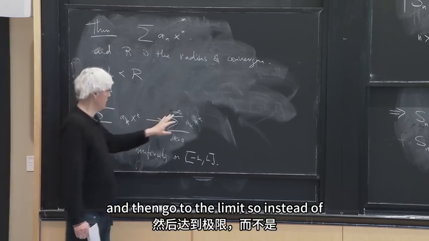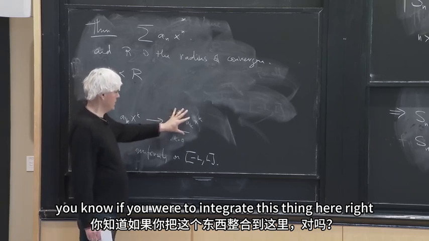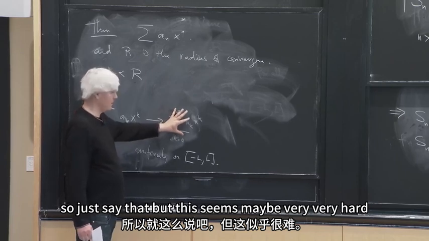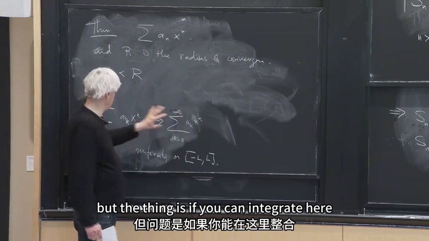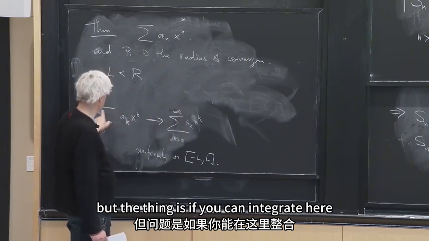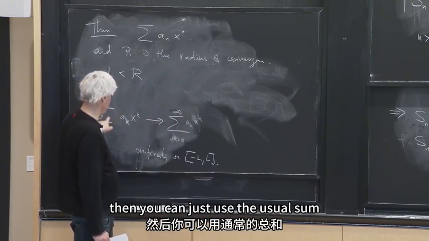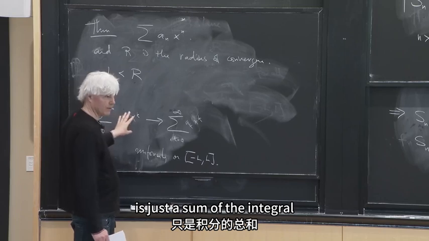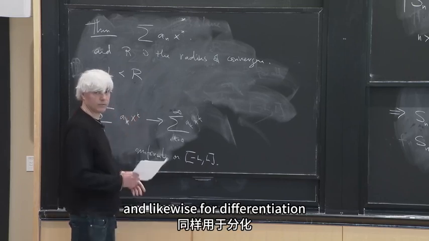We'll be more precise about that next time. If you were to integrate this thing here, it seems maybe very hard. But if you can integrate here, then you can just use the usual formula for the sum: it's just a sum of the integrals, and likewise for differentiation.